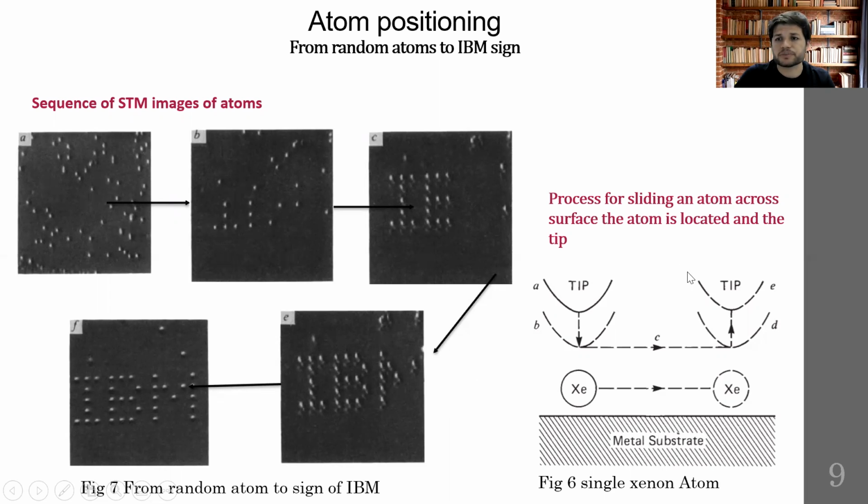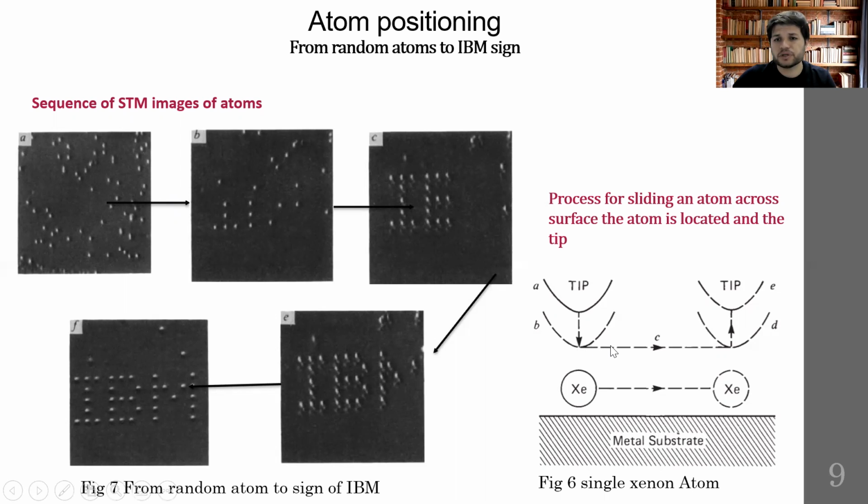Look at this figure, which illustrates the process of sliding an atom across the surface. The atom is located and the tip is placed directly over it, near the top. In this position, the tip is lowered to position B, where the tip's attractive force is sufficient to keep the atom located beneath the tip.